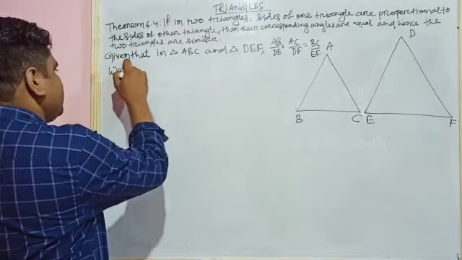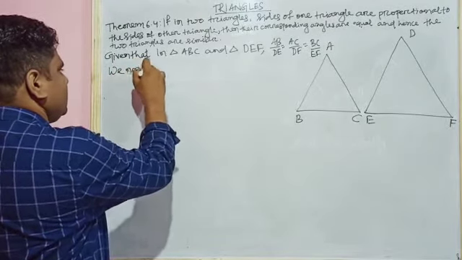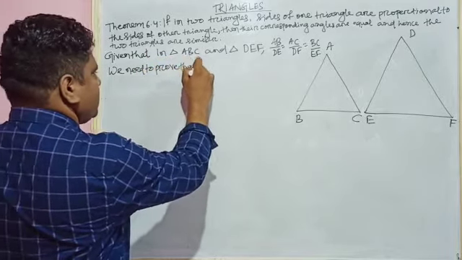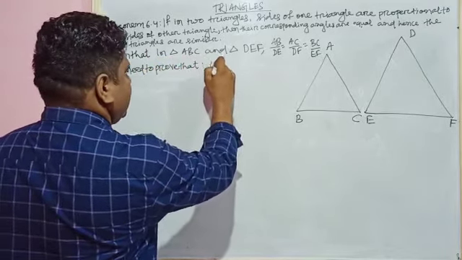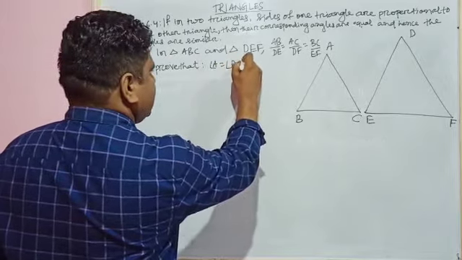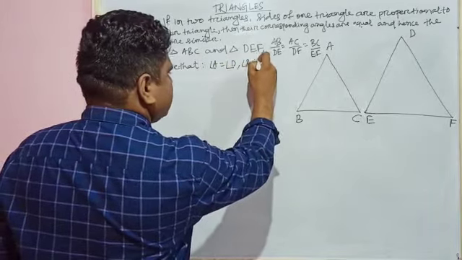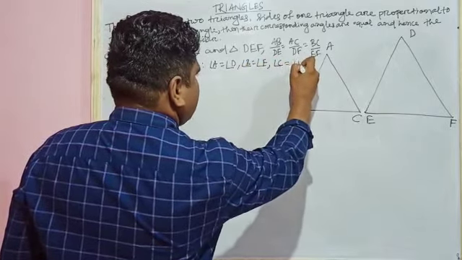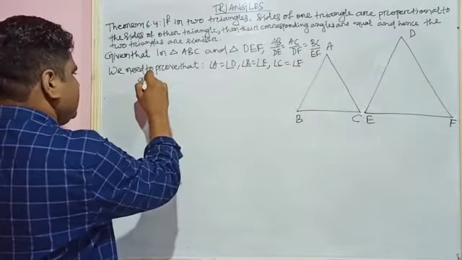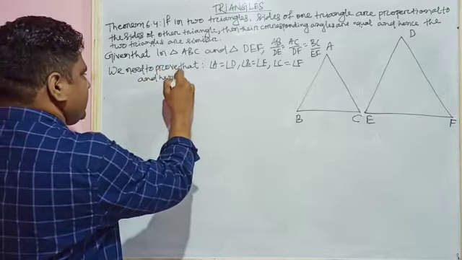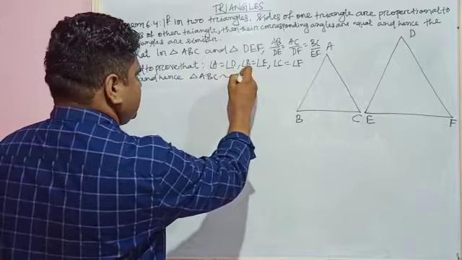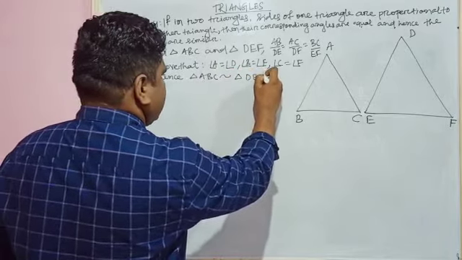So we need to prove that angle A is equal to angle D, angle B is equal to angle E, and angle C is equal to angle F, and hence triangle ABC is similar to triangle DEF.